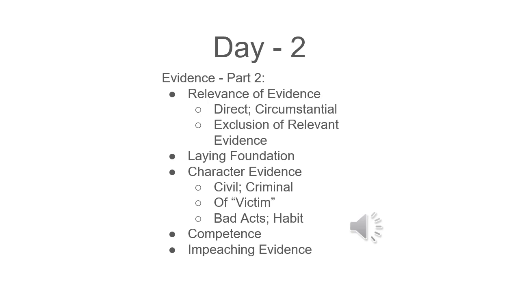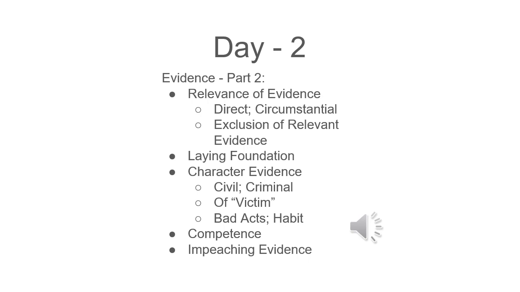In regards to bad acts, they are not admissible to prove character and or criminal propensity or that the defendant committed the crime charged. Bad acts are admissible under Rule 404 to prove motive, opportunity, intent, preparation, plan, knowledge, identity, absence of mistake, lack of accident.